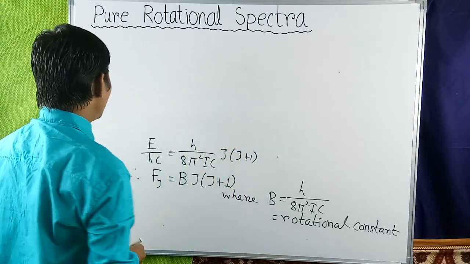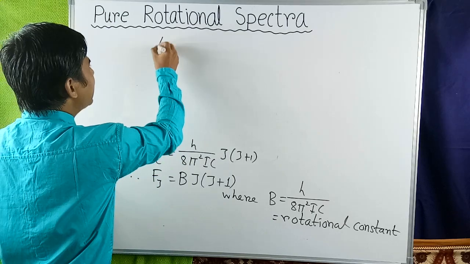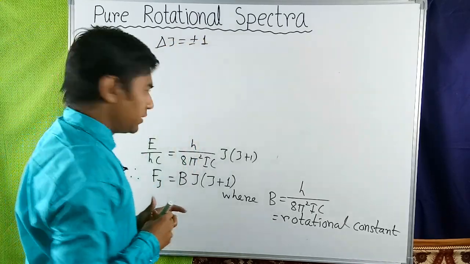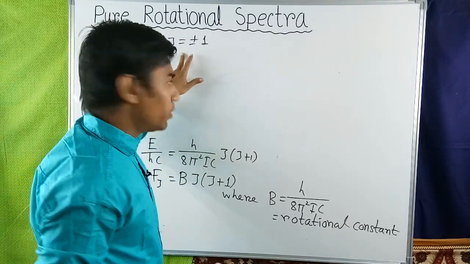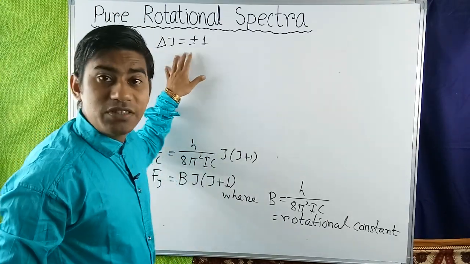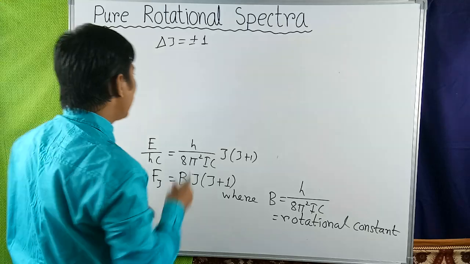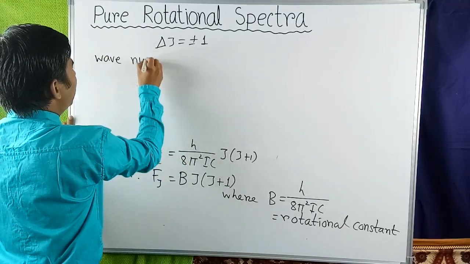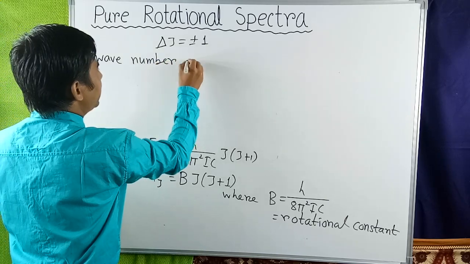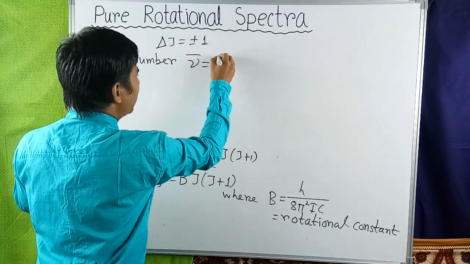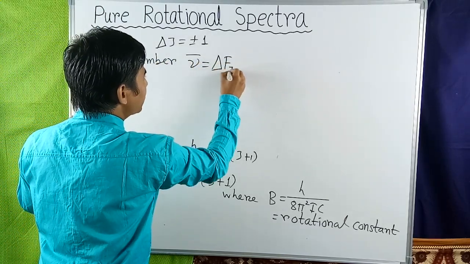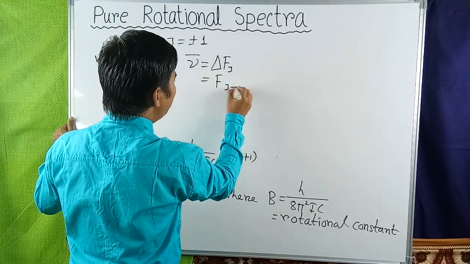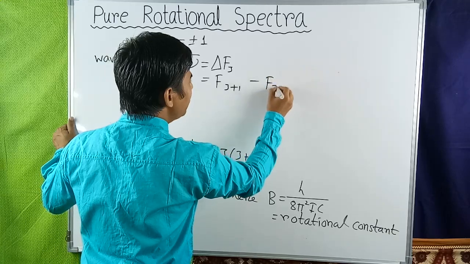So now here the selection rule is delta J equals plus or minus 1. This is our selection rule. Now applying the above selection rule, we get the wave number nu bar equals delta Fj, which equals Fj plus 1 minus Fj.